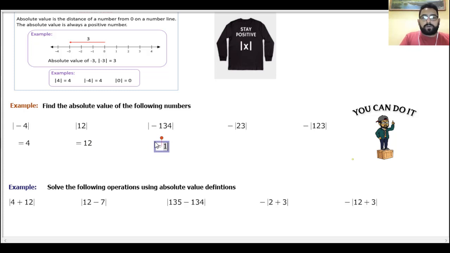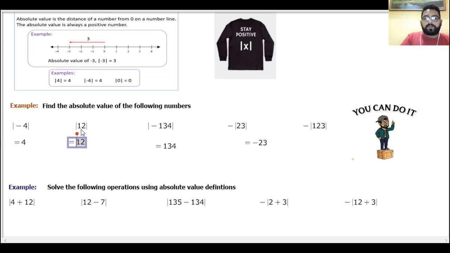Now the negative of the absolute value of 23: this negative is outside, so we copy it, equals negative, and now we think about the absolute value of 23, because 23 is the number inside the bars. What is the absolute value of 23? It's 23. So as you see, the absolute value is always positive.